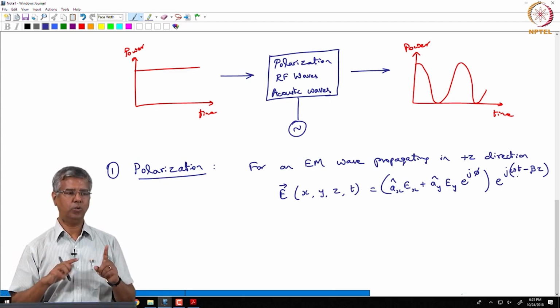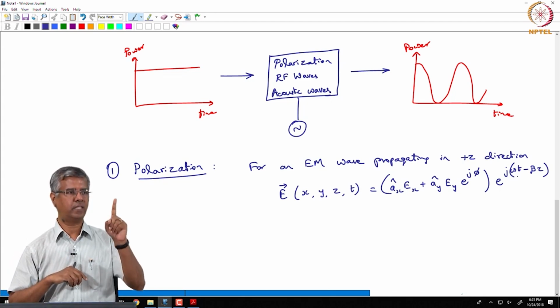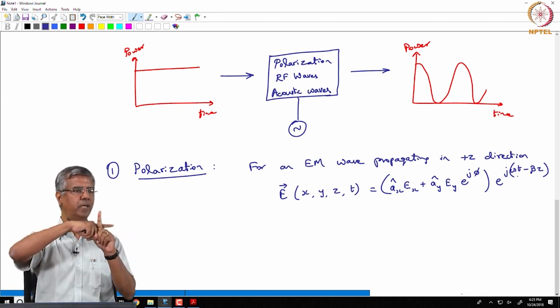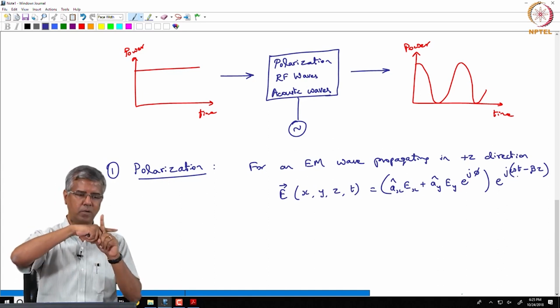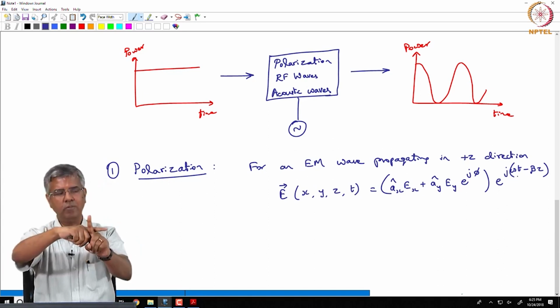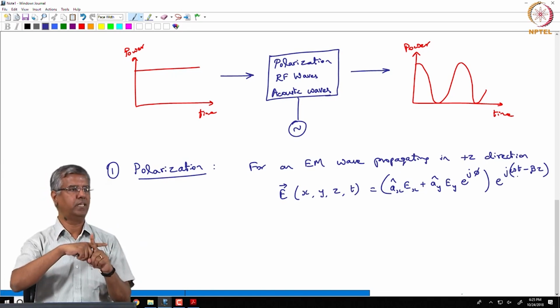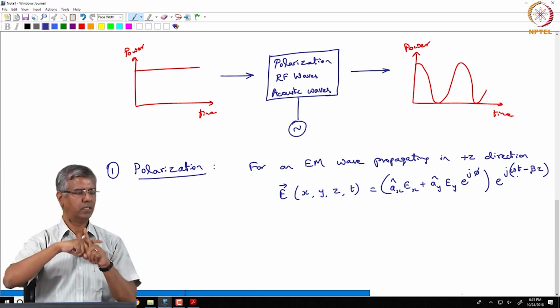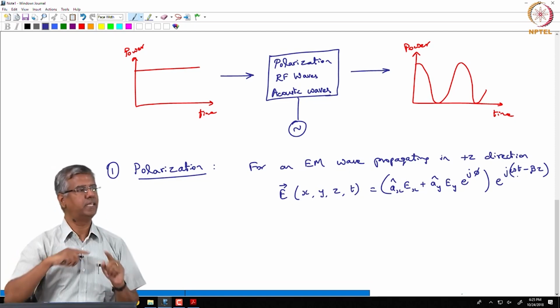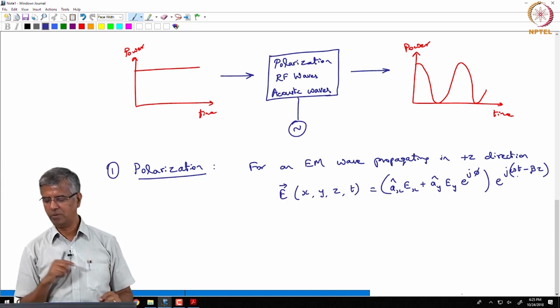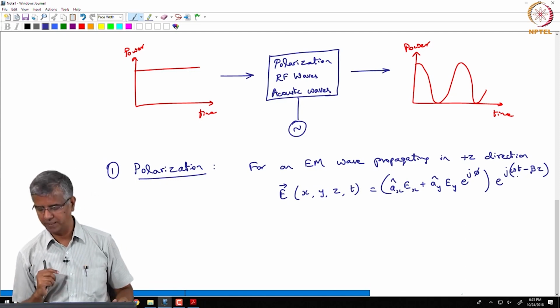Phi I am talking about, if this is my x component, this is my y component, phi corresponds to any phase delay between these two components. Okay. Both these components are travelling and accumulating phase at the rate of beta z, right. But these two can actually have slightly different phase with respect to each other, which we are trying to denote by phi.